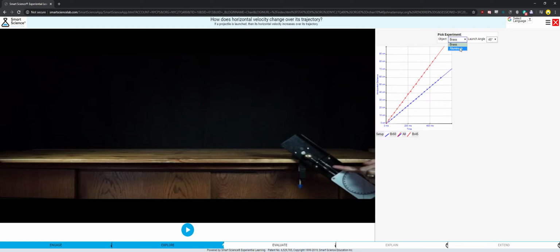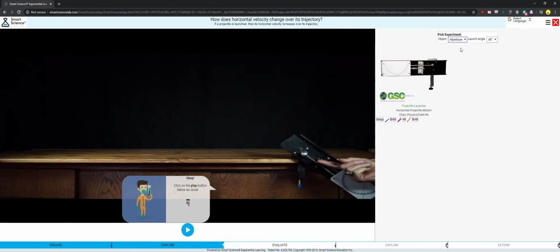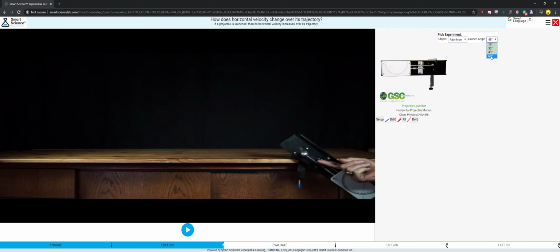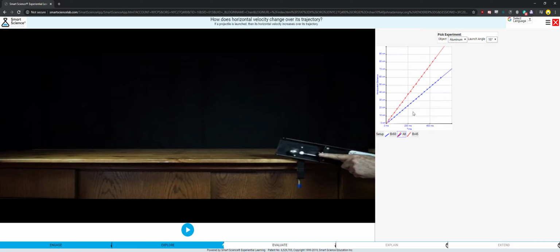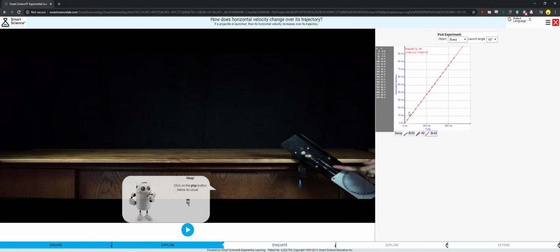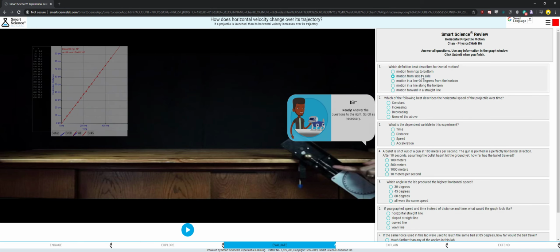You want to do it for both aluminum and brass, and if I look at your data, I expect all data to be taken. Let's take a look at these two graphs. This is brass 60, and this is brass 45, and you'll see that in all graphs your slope is constant. And if your slope is constant, that must mean your velocity is constant as well.